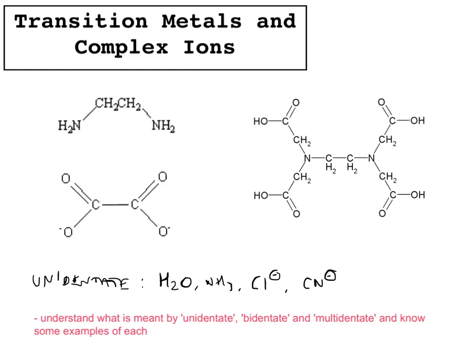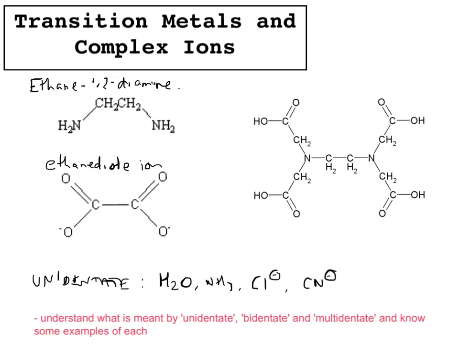These two, there and there, are both bidentate. They can both form 2 dative bonds with a central metal ion. This top one is called ethane-1,2-diamine, and this bottom one is called an ethanedioate ion.